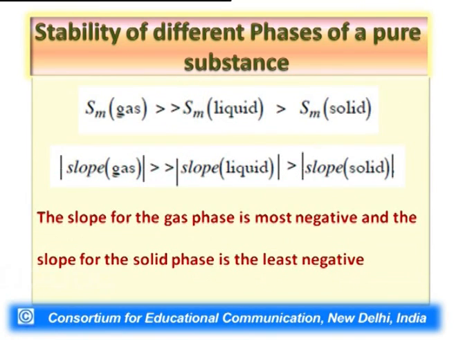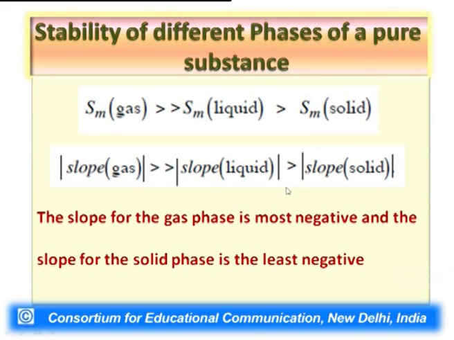that is, negative sign of molar entropy of vapor phase. We all know that molar entropy of gases is much greater than molar entropy of liquid phase, which in turn is greater than molar entropy of solid phase. So, since the mu versus T curve slope is equal to negative of molar entropy of different phases, the slope of mu versus T curve for gas phase is much greater and is a negative slope.